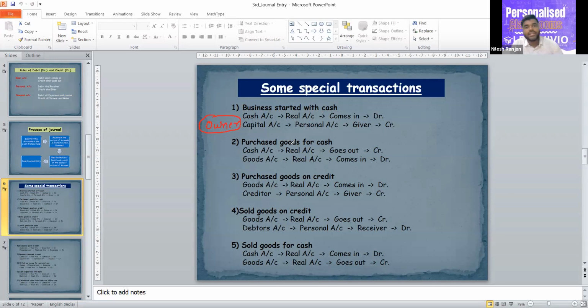There is a second method also in which purchased goods is an expense for the business. Yes or no? And expenses are included in which account?